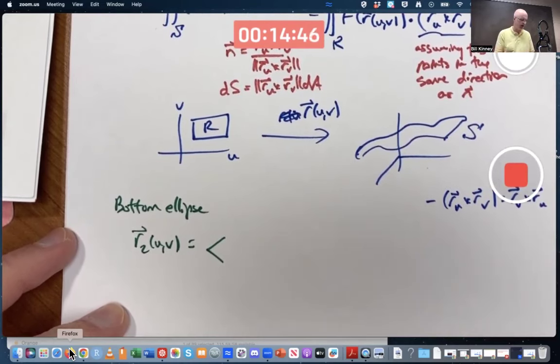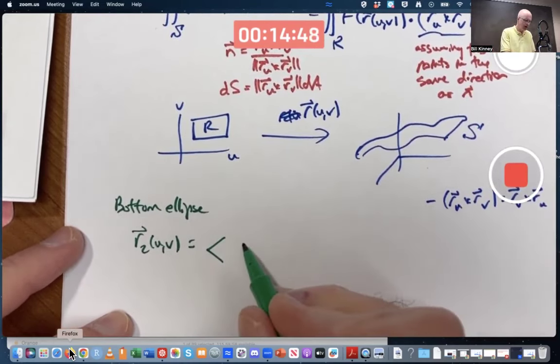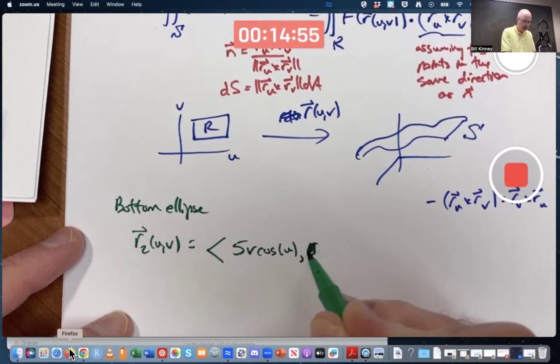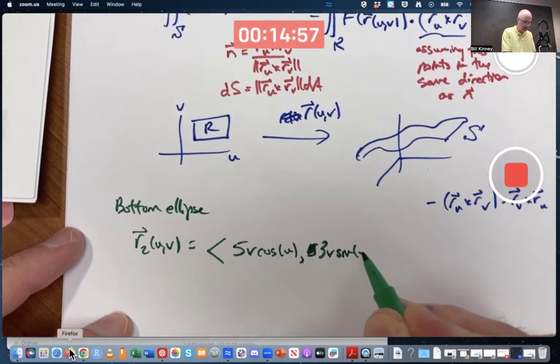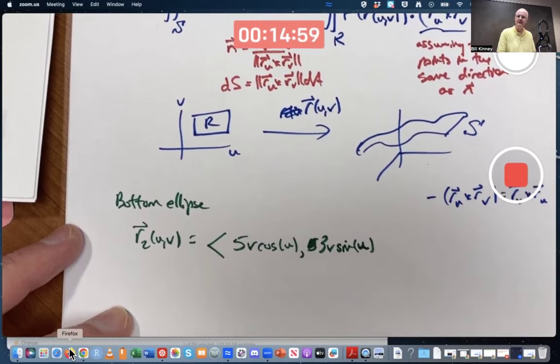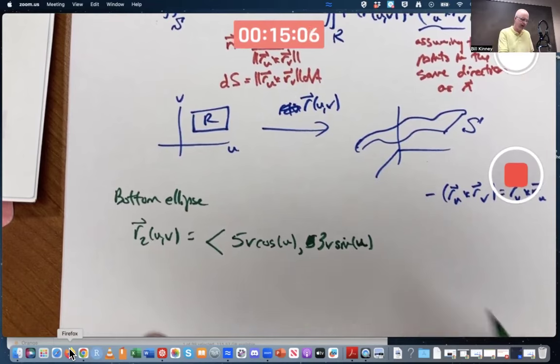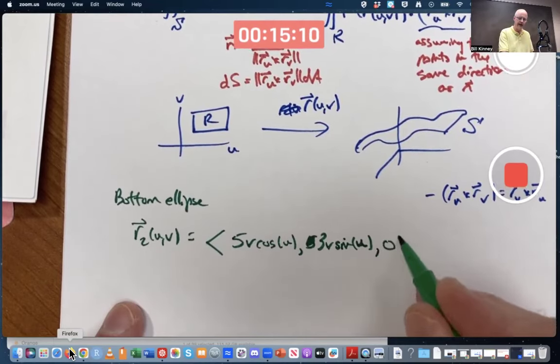So you could have picked 5v cos u and 3v sin u, using different amplitudes, because x goes between -5 and 5 and y goes between -3 and 3. Because it's the bottom boundary, z is 0.